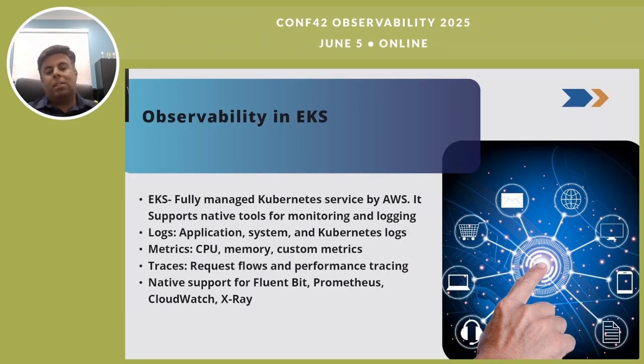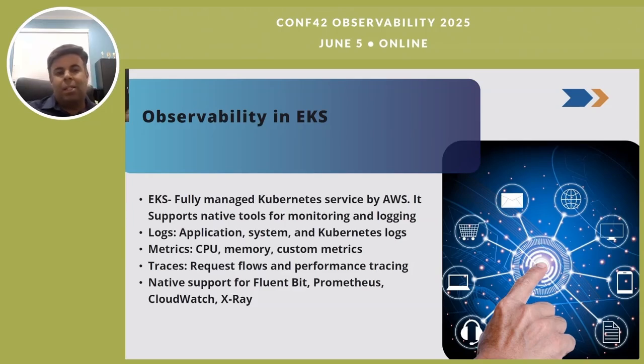Now we'll talk about observability in EKS. EKS is a fully managed Kubernetes service by AWS, and it supports native tools for monitoring and logging. EKS logs everything: application logs, system logs, and Kubernetes logs. We have metrics like CPU and memory, and we can have custom metrics also.